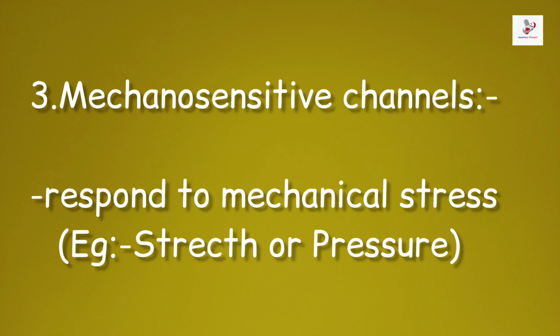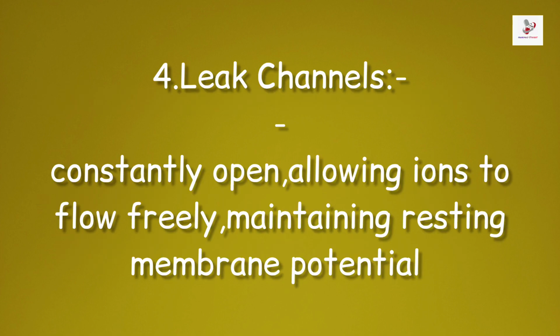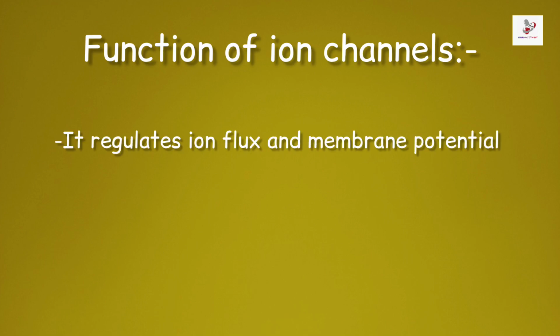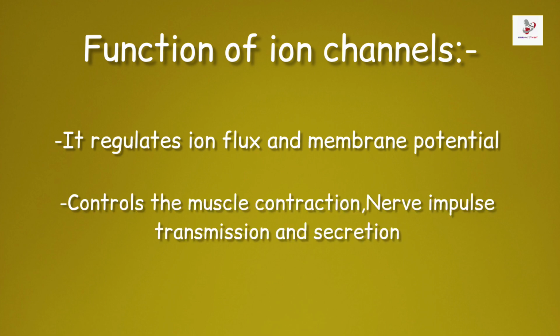They respond to mechanical stress, for example, stretch or pressure. Fourth one, leak channels. They are constantly open, allowing ions to flow freely and maintaining the resting membrane potential. The function of ion channels includes regulating the ion flux and the membrane potential, and they control muscle contraction, nerve impulse transmission, and secretion.